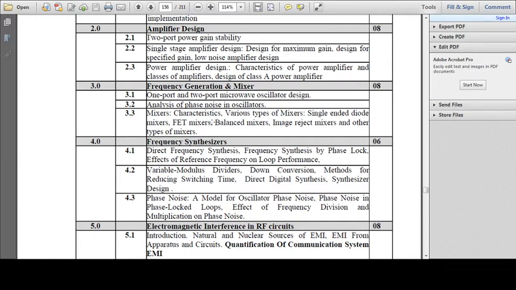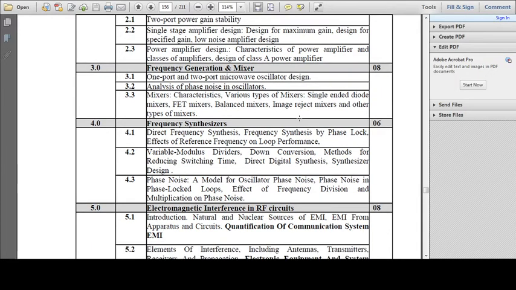What is meant by a mixer? Its basic symbol. Then characteristics of the mixer, various types of mixer: single-ended diode mixer, FET mixer, balanced mixer, image rejection mixer and other types of mixer. So in the third module we introduce frequency generation, meaning oscillators and mixers, their characteristics and various types of mixer. The total number of lectures allocated for this is 8.